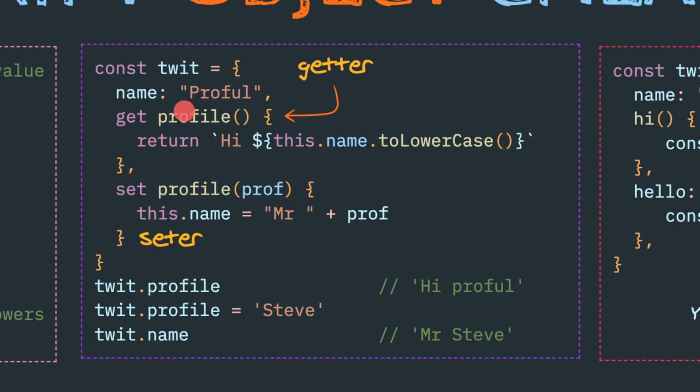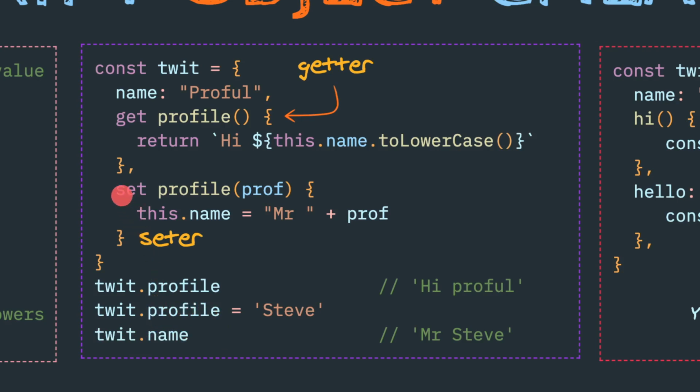This getter and setter should have the same name, like profile, we are using two times. Setter is just to update the value and getter is to retrieve the value. The accessing method is very important, you should remember: the way we access tweet.name, similarly we access tweet.profile, and the way we assign a value to a property like tweet.name, we can assign to the setter as well.